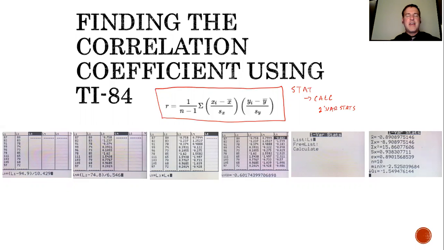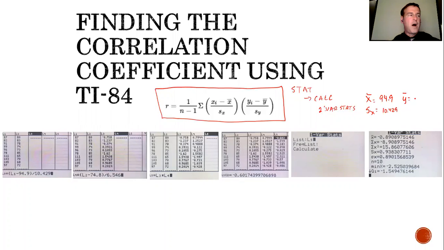Okay, and as you work that all out, you're going to find a couple important features. I'm going to write these down underneath my little picture frame here, and I'm going to put my x bar first. My x bar is 94.9 with a standard deviation of 10.429. And then if you scroll down, you're going to get some y's.